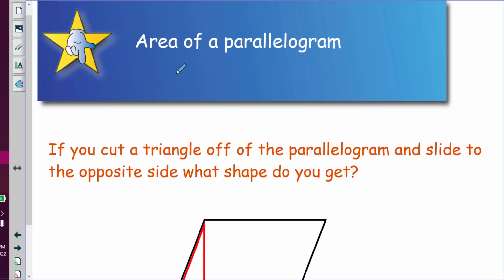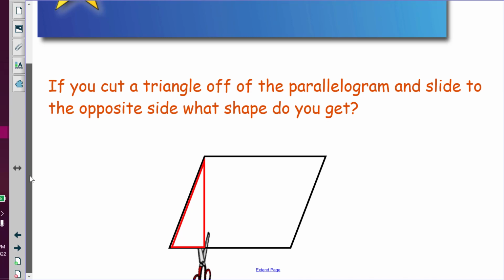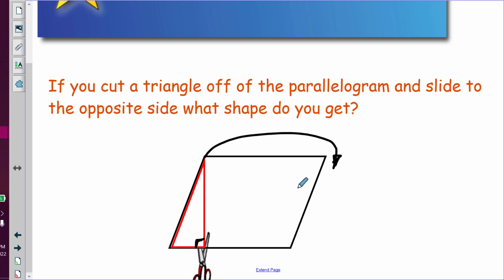Another four-sided figure, which is still two-dimensional, would be a parallelogram. A parallelogram looks like this with slanted sides. Now, if you cut a right triangle off of this at a 90-degree angle here, and you slid it over to this side, what kind of figure would you have?